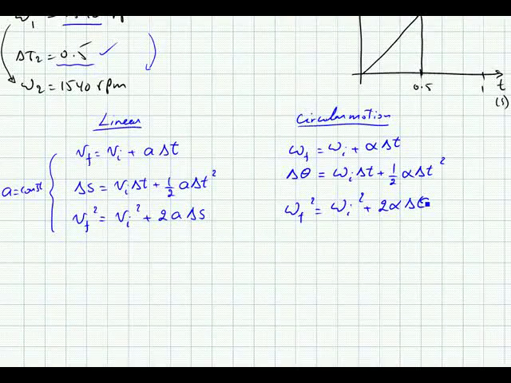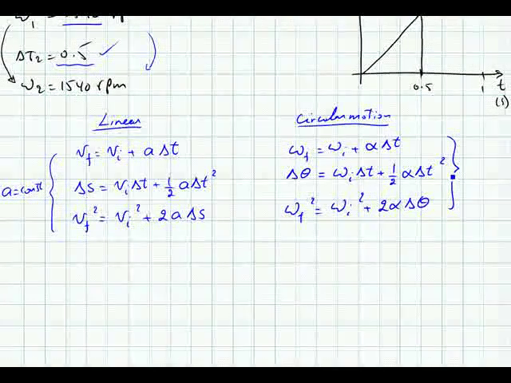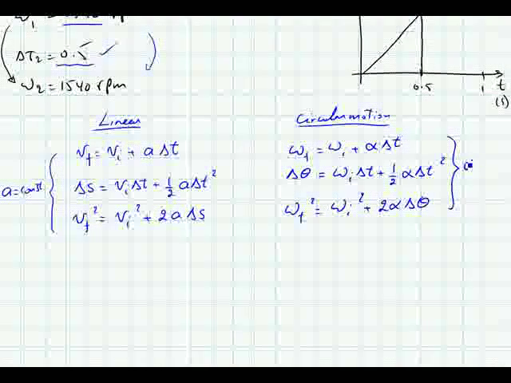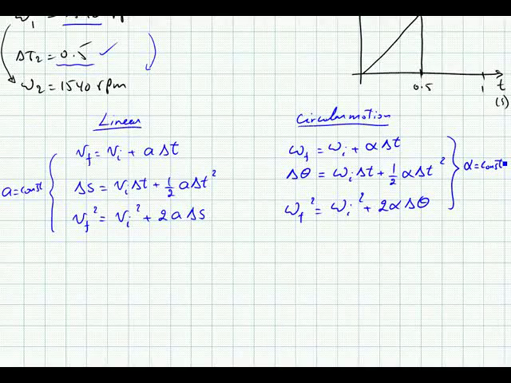These are the circular kinematic equations, and the condition that one needs to make sure is satisfied is that alpha is constant over the period delta t.